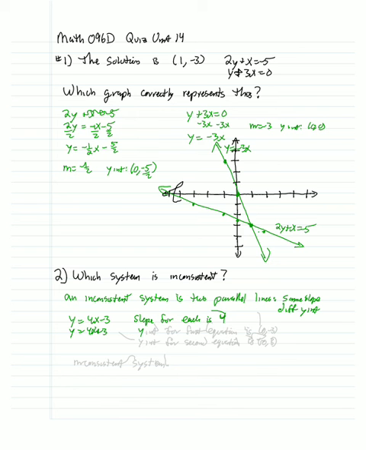The y-intercept for the first equation is (0, -3). The y-intercept for the second equation is (0, positive 3). So that's an inconsistent system. These are parallel lines. Hope that helps.